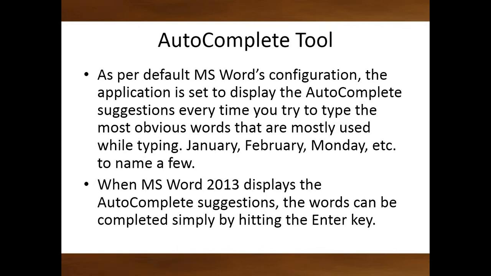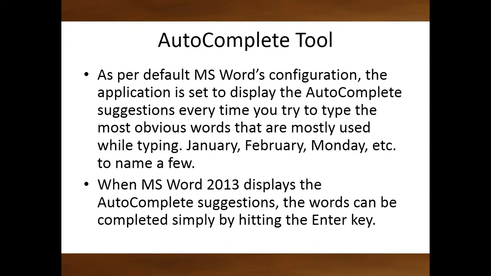Examples are January, February, Monday, to name a few. When MS Word displays the autocomplete suggestion, the words can be completed simply by hitting the enter key. If not, you press the escape key or continue typing.